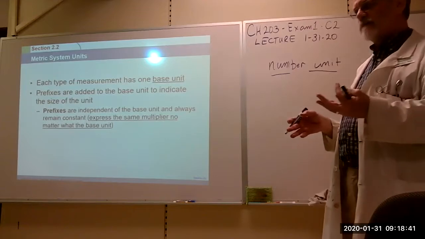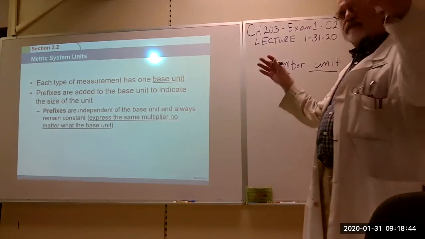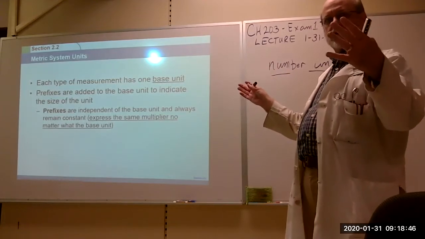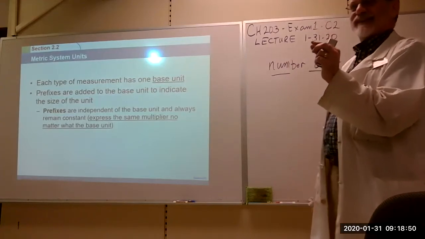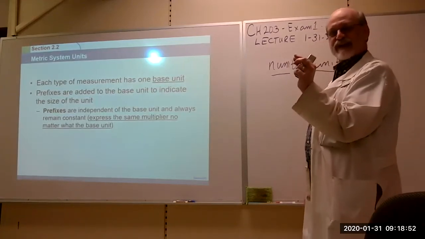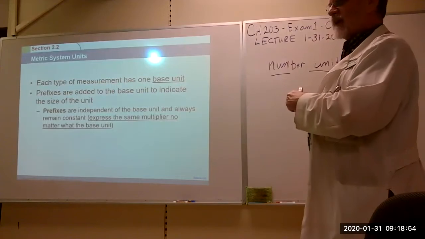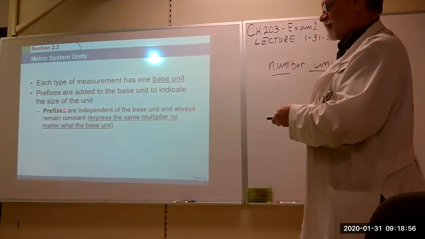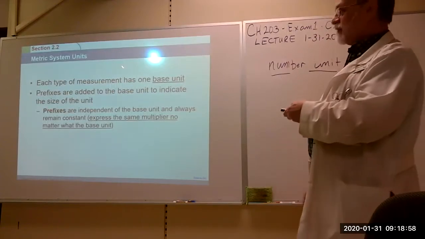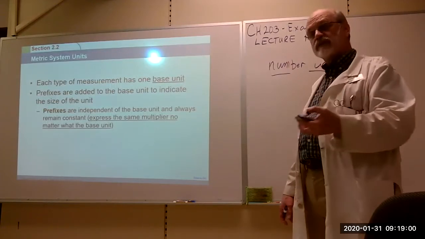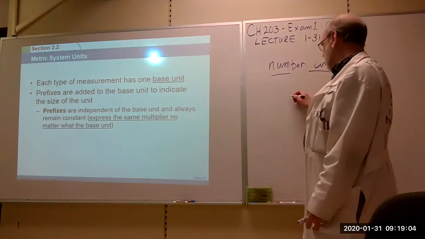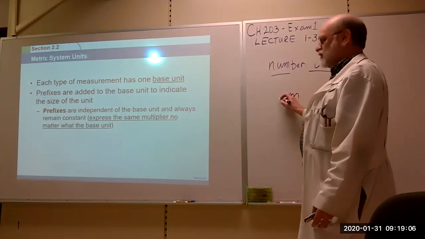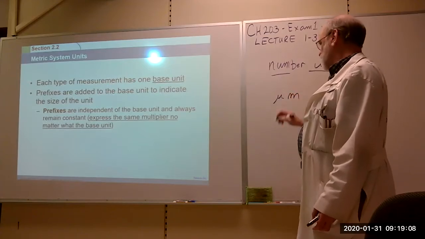Like if you're measuring things in meters, but you're trying to measure a bacterium. How big is a bacterium in meters? Well, we need prefixes that modify the base unit. So if the base unit is meters and we're measuring a bacterium, we'll want to measure it in maybe micrometers.